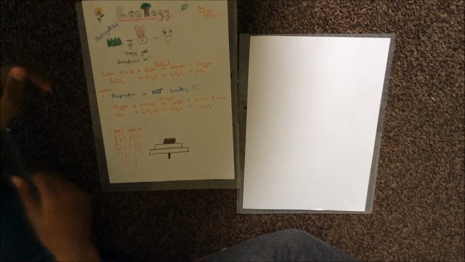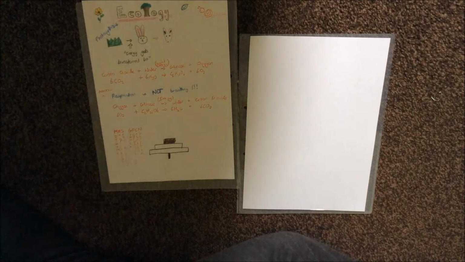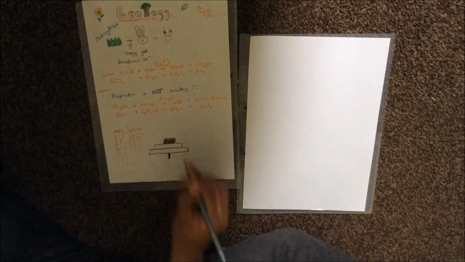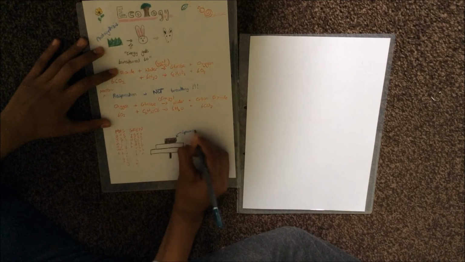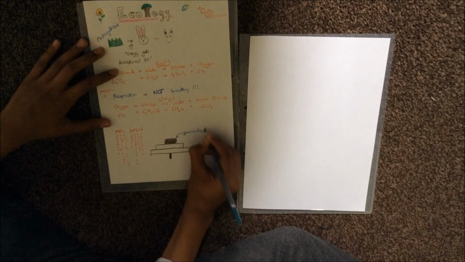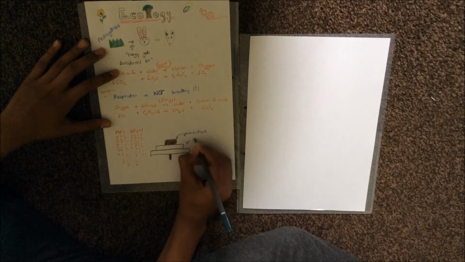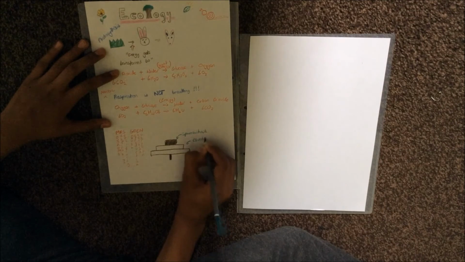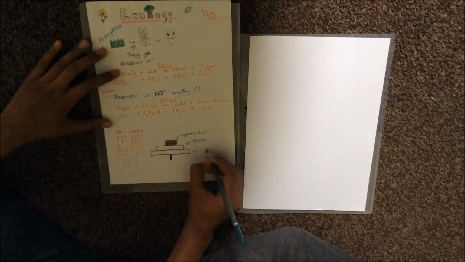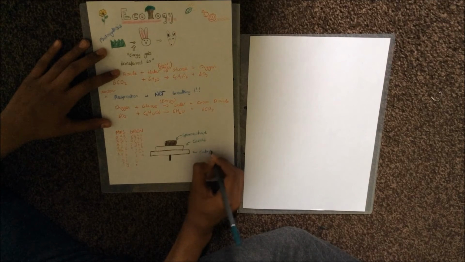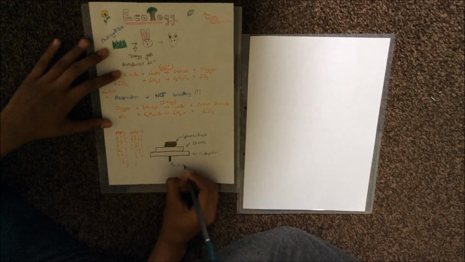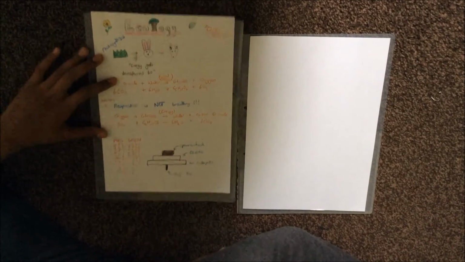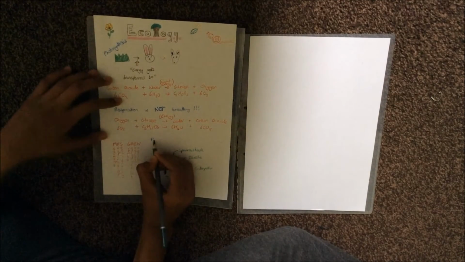But let's label these, because labeling is always good. Sparrowhawk. Blue tit. Caterpillar. And oak tree. Right, we have those. This is called a pyramid of numbers.